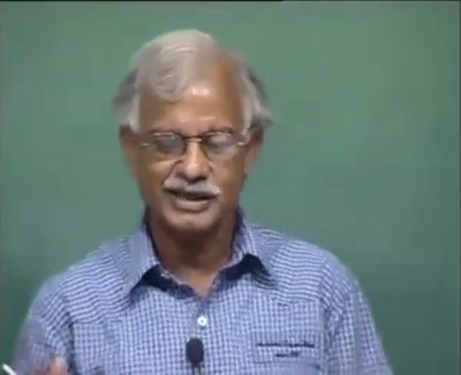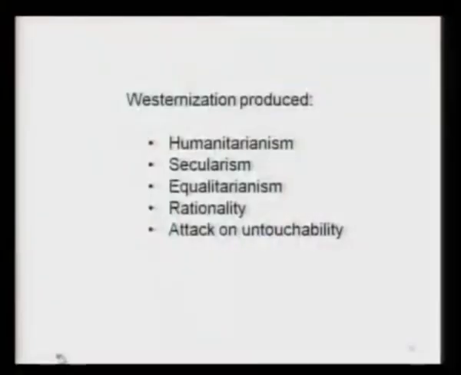Their level of knowledge in the so called external world, even Indians accept that in the external world they had higher knowledge, and values, Western values of success, materialism as against the value of spiritualism in India. Now, this westernization produced a number of things which have demographic consequences: humanitarianism, secularism, equalitarianism, rationality and attack on untouchability. These are all results of westernization.